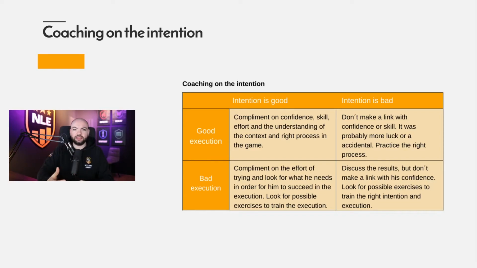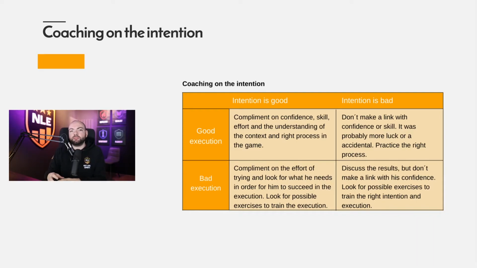So to practically help in this kind of situation, you want to look for possible exercises to train that execution. For example, in League of Legends, say there's a miscommunication in the mid lane and the execution was not there, but the intention was: the jungler came and the mid laner called for help, but they misplayed on that flash, or they both burned their flash or did something out of place at the moment.